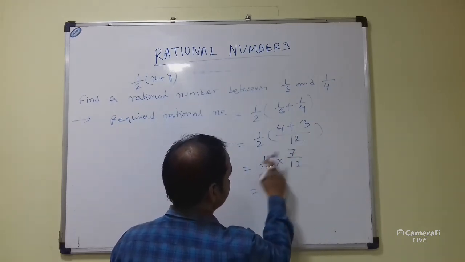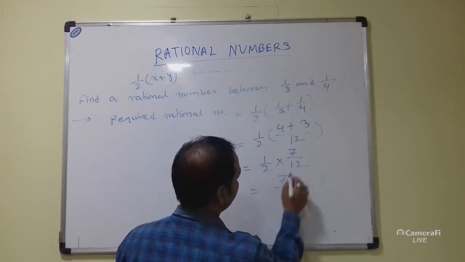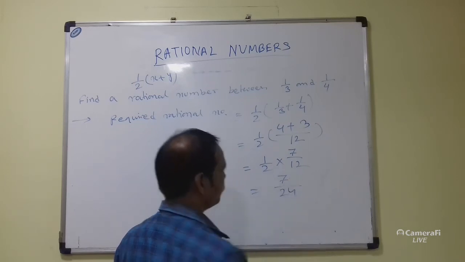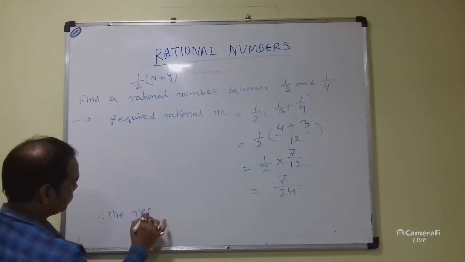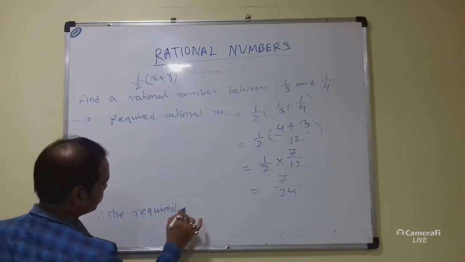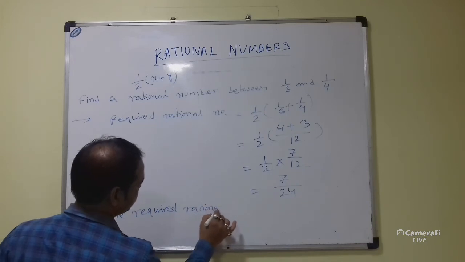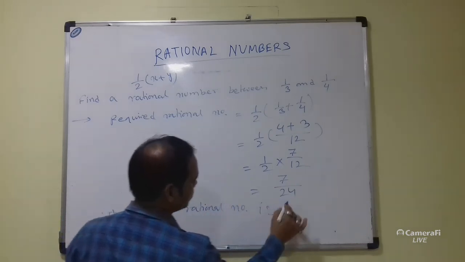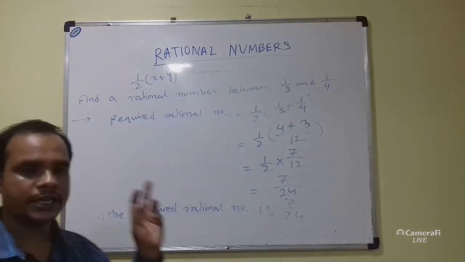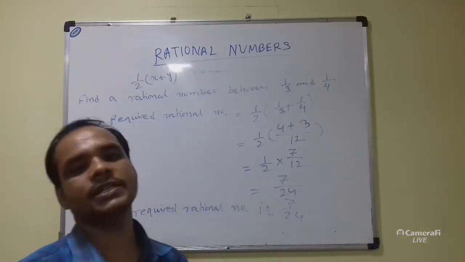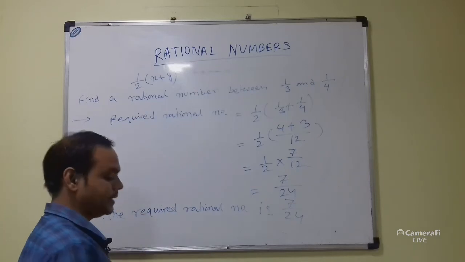So therefore 7 multiply 1 is 7 and 12 multiply 2 is 24. So therefore the required rational number is 7 by 24. So this is the condition to find one rational number between two given rational numbers.